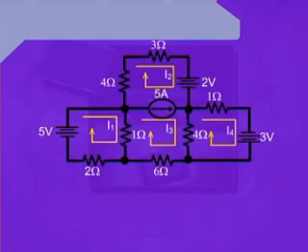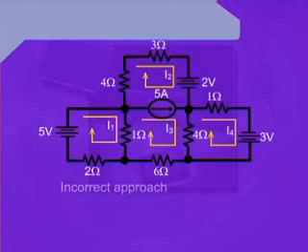We assign the current I1 in the clockwise direction for mesh number 1, the current I2 in the clockwise direction also for mesh number 2, the current I3 in the clockwise direction for mesh number 3, and the current I4 for mesh number 4, also in the clockwise direction.